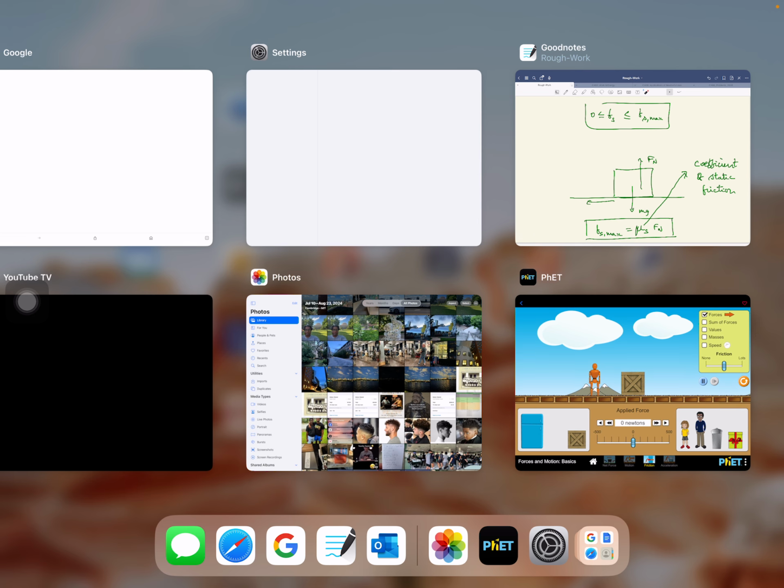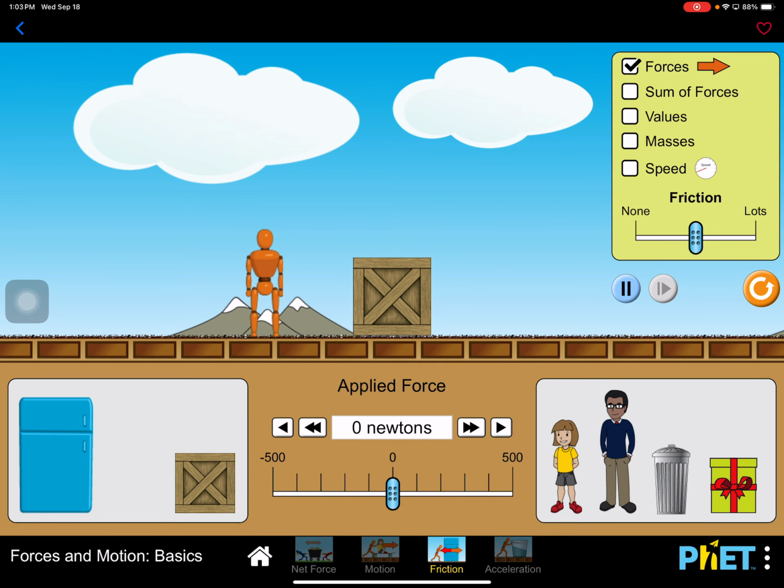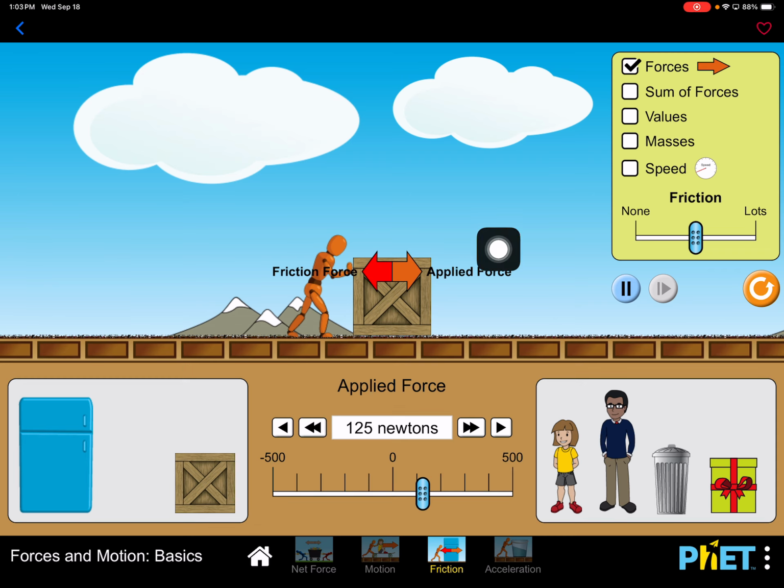All right, let's go back to our app. We saw that in this case, the maximum static friction force was 125 newtons. Now, if I increase friction, what would I be doing? I would be increasing mu. You'll see there's a mu s and a mu k.